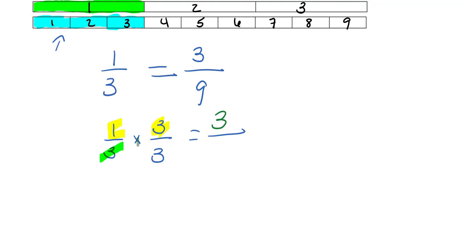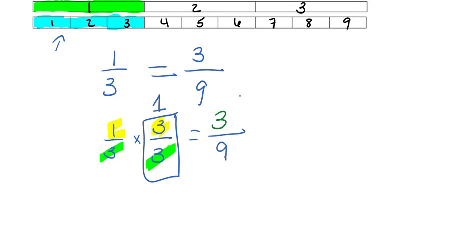And we multiply what's on the bottom, 3 times 3, well, that's 9. So we can see how we just multiplied it by 3/3, which is essentially just multiplying it by 1, because 3 divided by 3 is 1. We get to a different fraction that has different numbers, but it has the same value. It means the same thing. So that's an equivalent fraction.